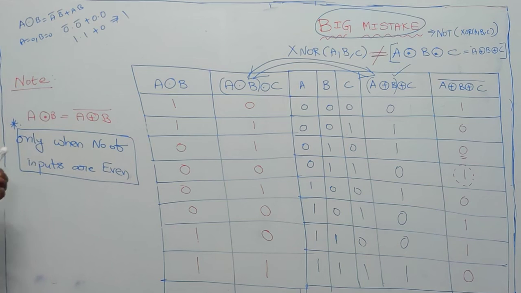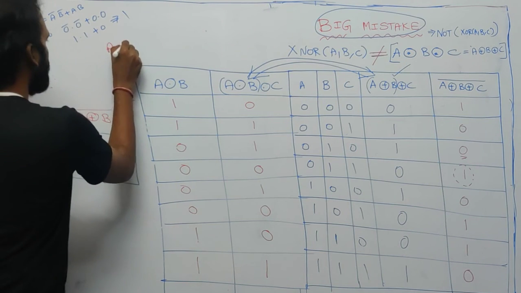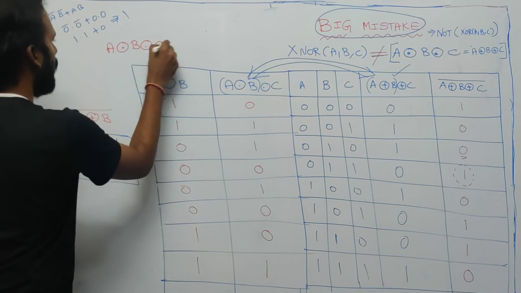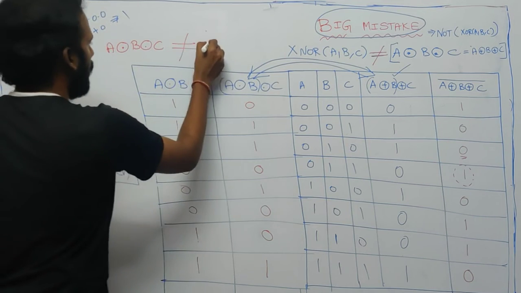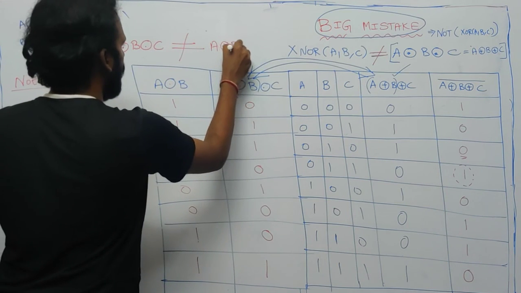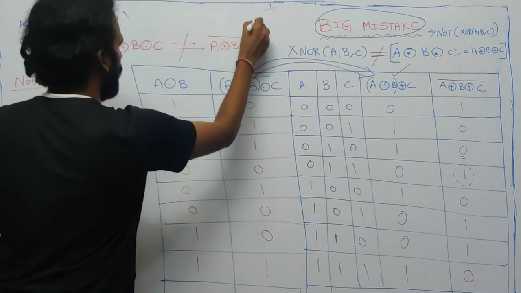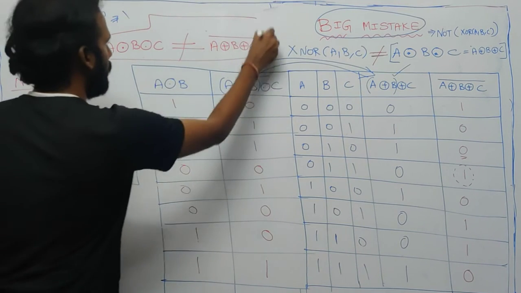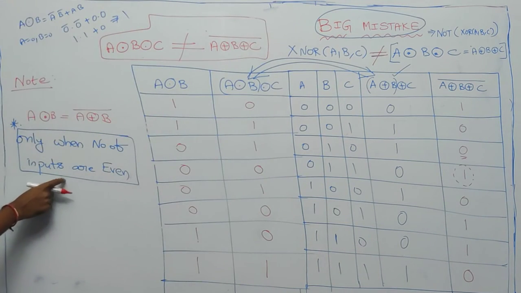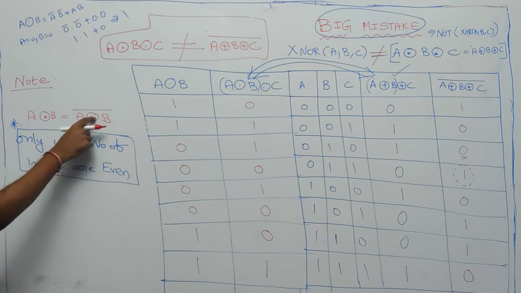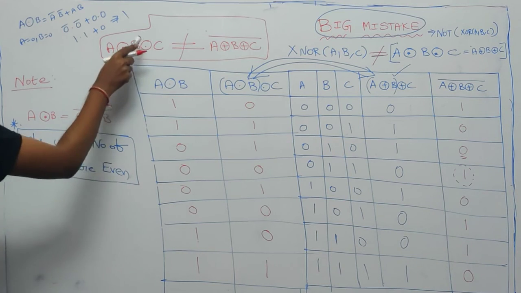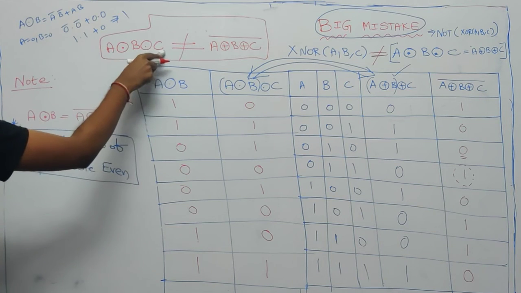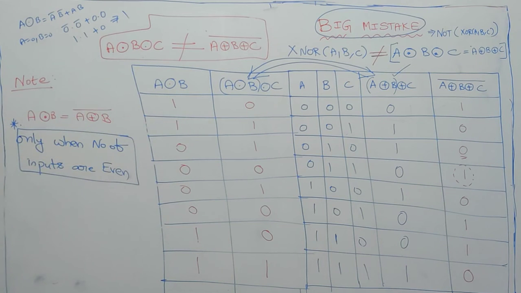That is the reason A XNOR B XNOR C is definitely not equal to A XOR B XOR C complement. This relation, A XNOR B equal to A XOR B whole complement, holds good for an even number of inputs. The same thing you cannot apply when the number of inputs is odd, correct?